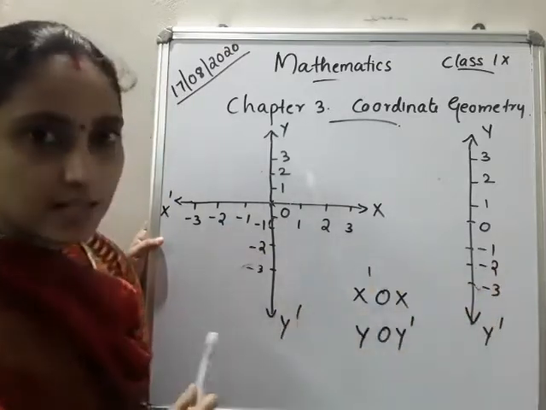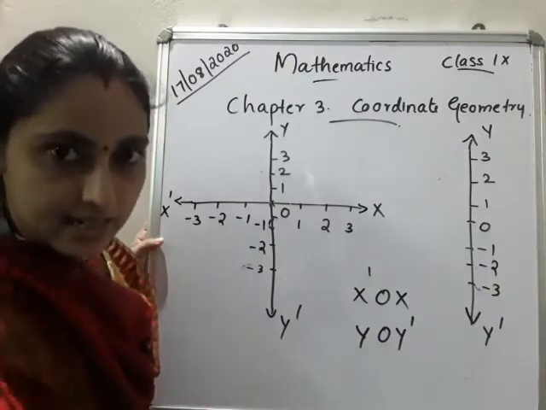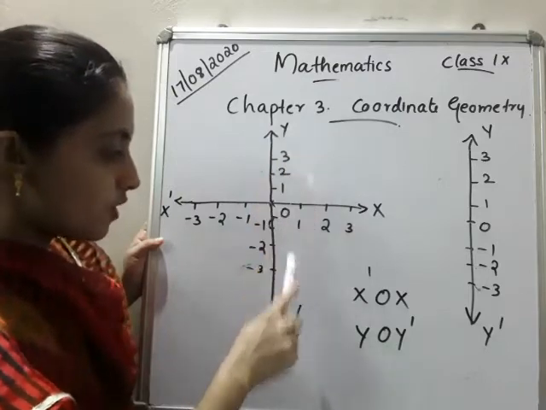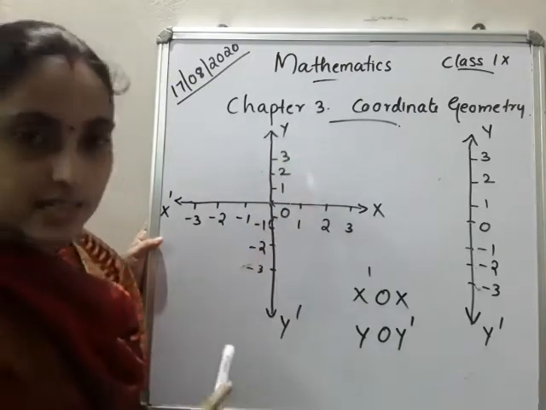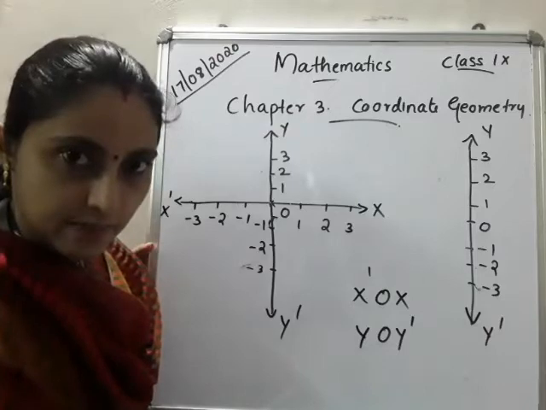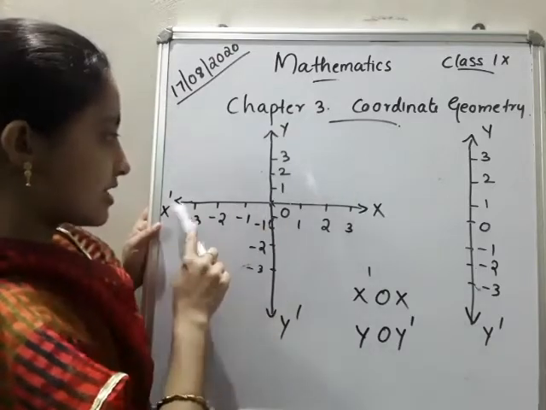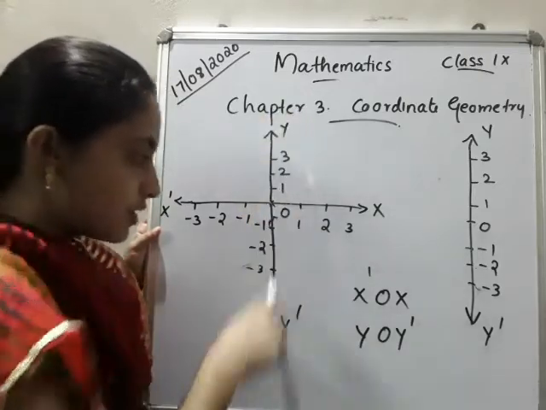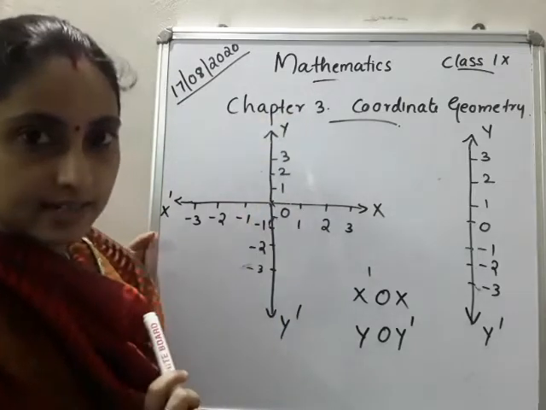So that represents what? X-axis. And the vertical line, that is YOY', that represents the y-axis.